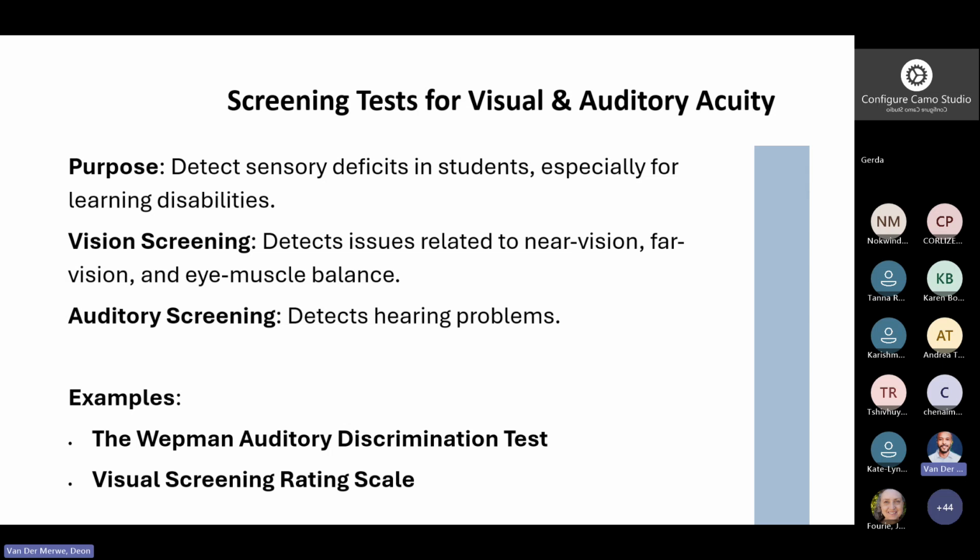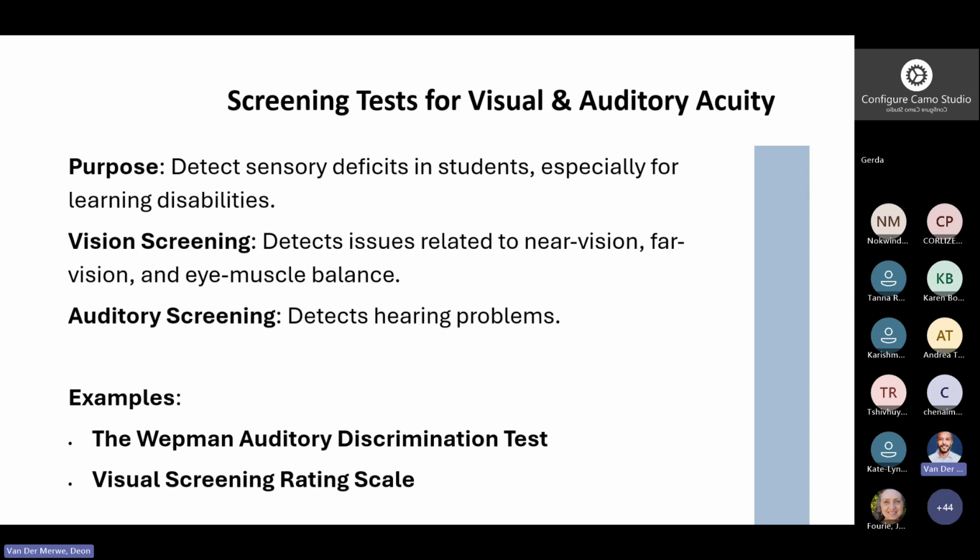And students, what is important to note here is the reason why it is included in the document: learners with learning disabilities should be checked for sensory issues like vision or hearing problems.